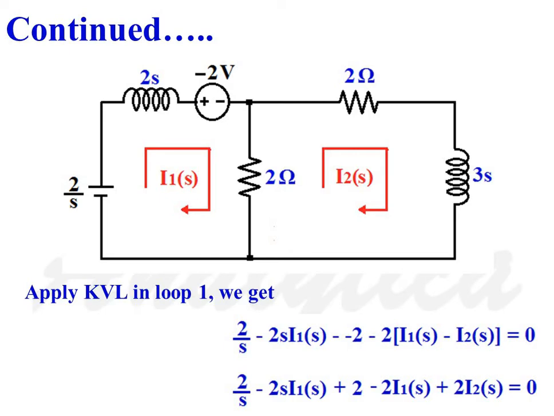Apply KVL in loop 1, we will get 2 by S minus 2S I1 of S minus 2 minus 2 into I1 of S minus I2 of S is equal to 0. 2 by S minus 2S I1 of S plus 2 minus 2 I1 of S plus 2 I2 of S is equal to 0.